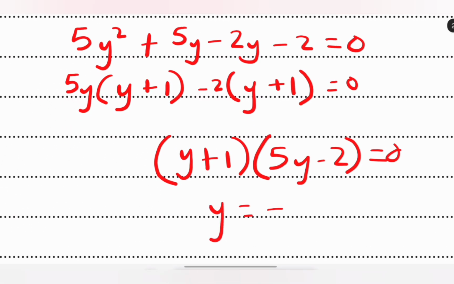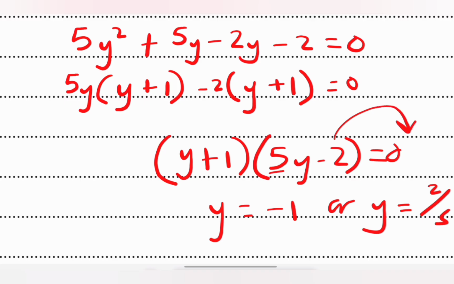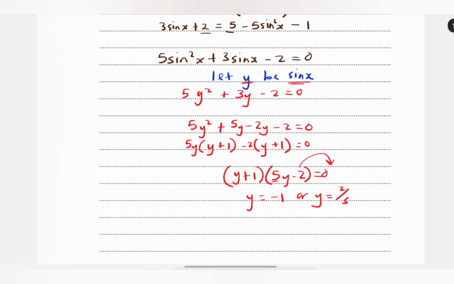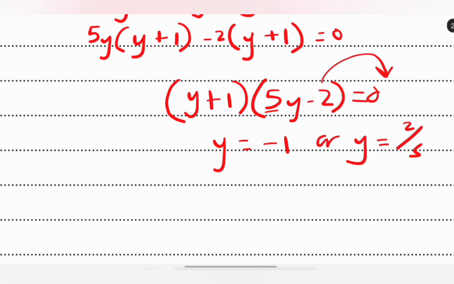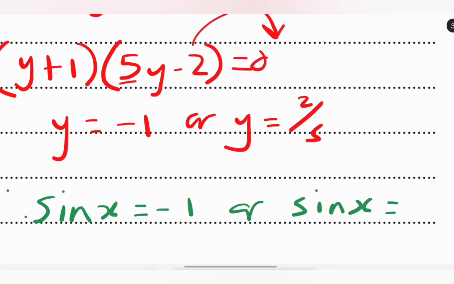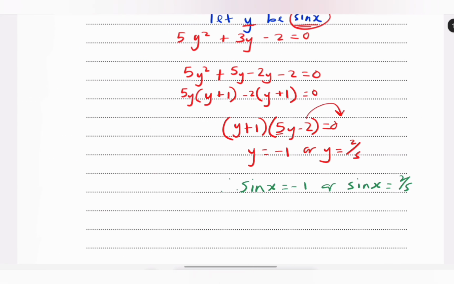And y is equal to minus 1, or y is equal to 2 over 5. We take this 2 to the other side and we divide by 5. But keep in mind that your y is standing in for sine x. So this is sine x is equal to minus 1, or sine x is equal to 2 over 5.